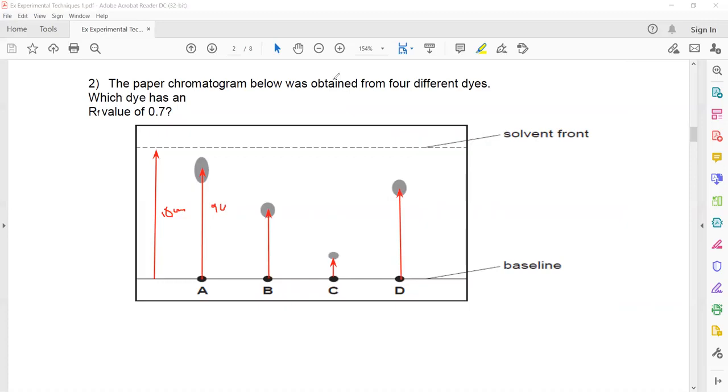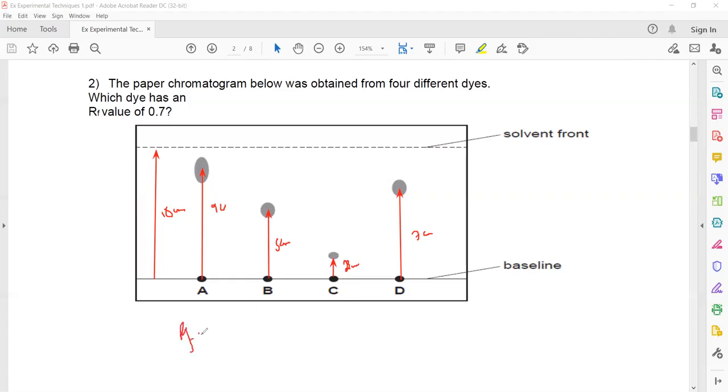So for spot B, it is coming out, for example, 5 centimeter, this is 3 centimeter or 2 centimeter, and this one is 7 centimeter.